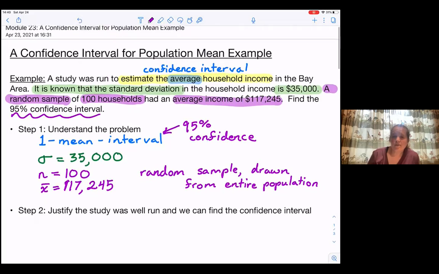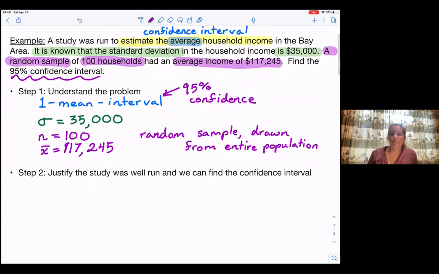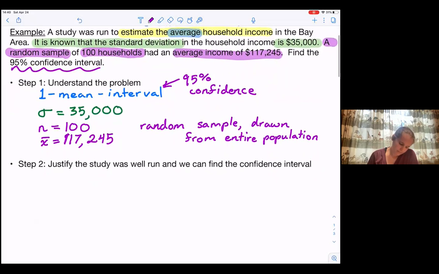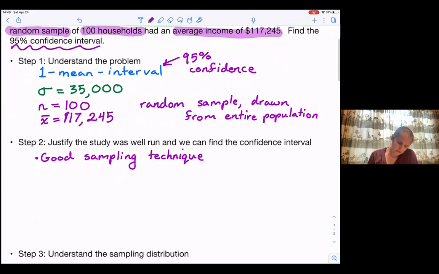From here, we move in. So we are doing an interval for the population mean. Any type of inference we do whatsoever, we need good sampling technique. So again, we have random, and that it draws from the entire population.